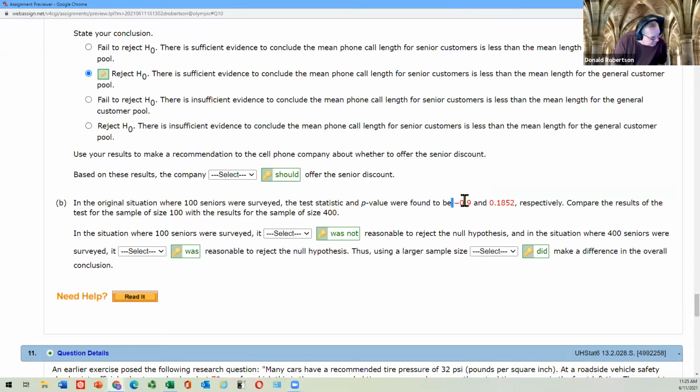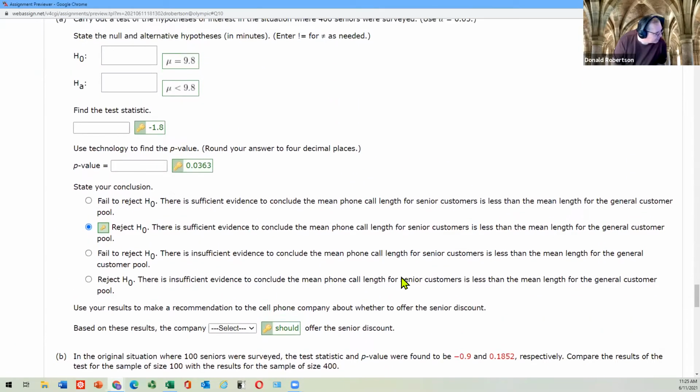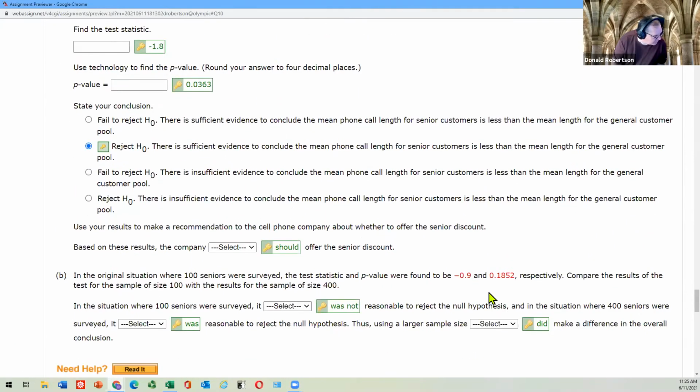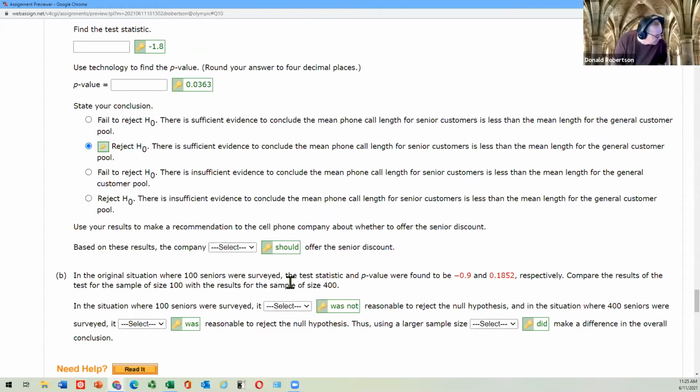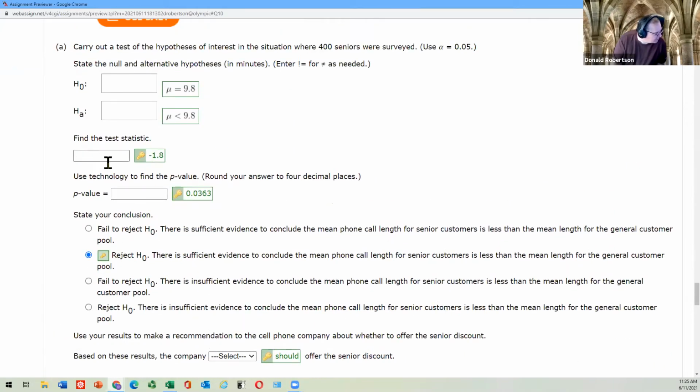Oh God, look, there's my negative 0.9. So they're contradicting themselves. They're saying that the test statistic and the p-value were found to be negative 0.9. Yet up here, they didn't call it negative 0.9.